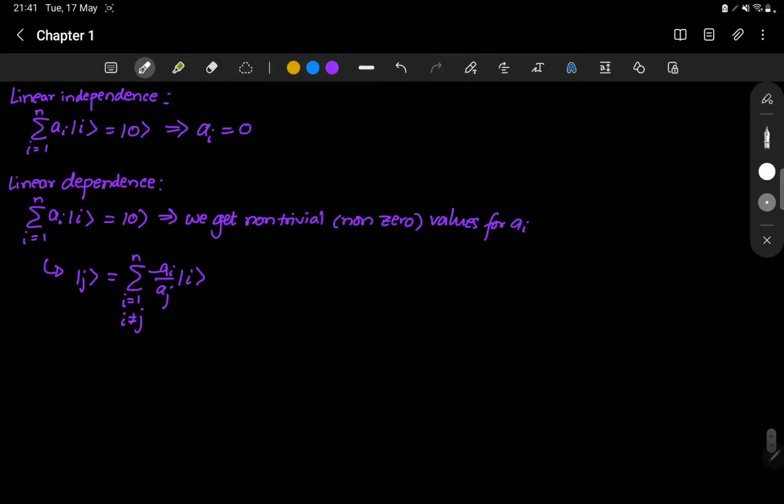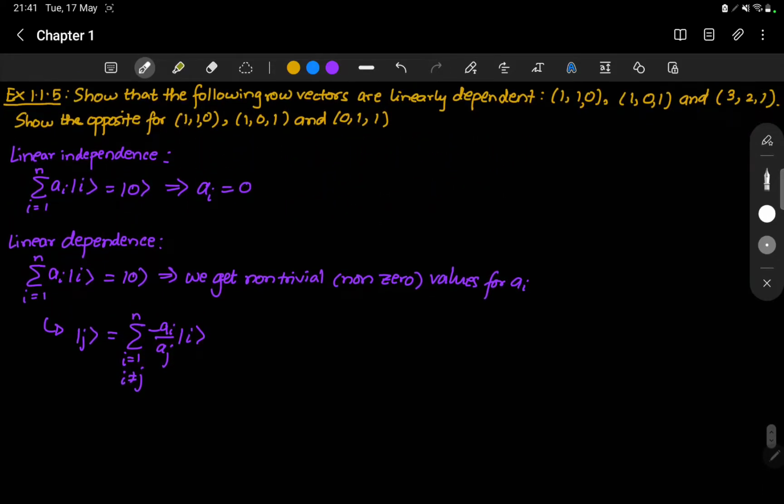So we need to consider the linear superposition. Let us take a1 for the first part, in which we need to show linear dependence.